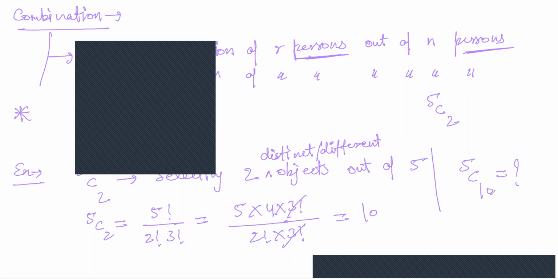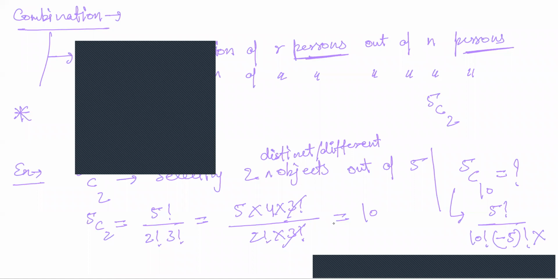No. First of all, that is not practically possible that you can select 10 persons out of 5 persons, but also mathematically, you will get this wrong. If you solve this mathematically, what you will get is 5 factorial divided by 10 factorial into 5 minus 10, that is minus 5 factorial. But you cannot calculate factorial for negative integers. So this is not possible.